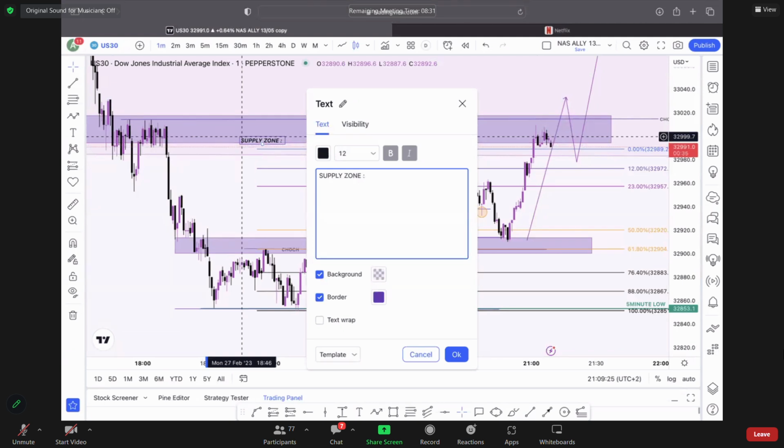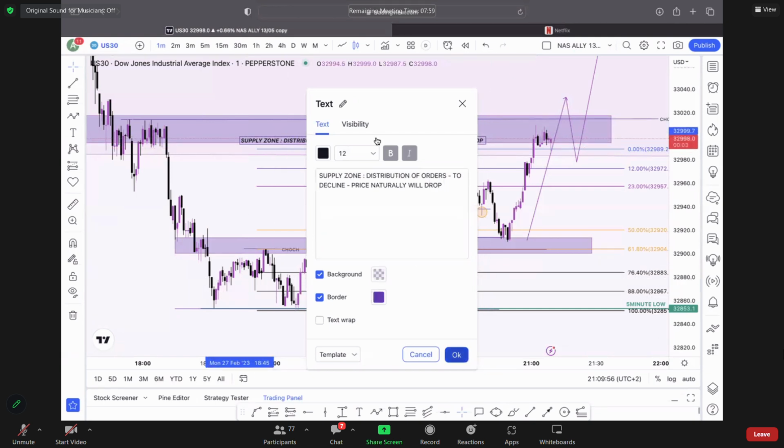If you have too much of something, you have to put it on sale, right? You have to sell it for cheaper. Naturally, price will drop. So a supply zone is where distribution of orders happen, in order to decline, which means price naturally will drop. That's what's happening at a supply zone.